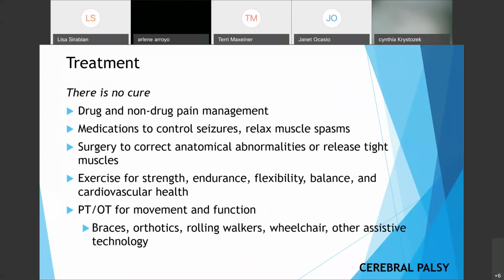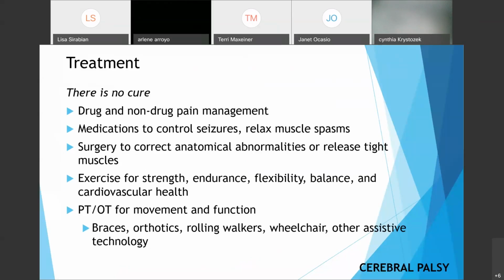Drug and non-drug pain management is going to be key. Also, medications to control seizures or relax muscle spasms. Sometimes people have surgery to correct anatomical abnormalities or to release tight muscles. Exercise is going to be also key, strengthening endurance, flexibility, balance, and cardiovascular health.